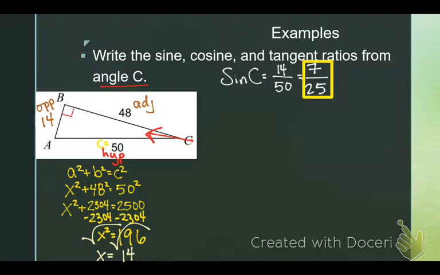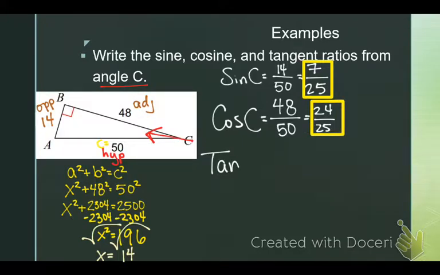We'll move on to cosine from angle C. Cosine from angle C would be the adjacent, which is 48, over the hypotenuse, which is 50. All right, and then that reduces to, okay?